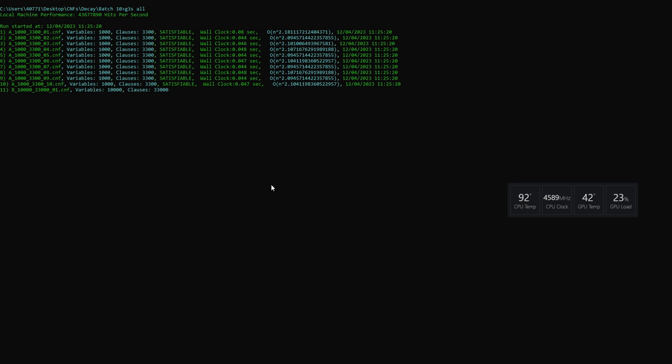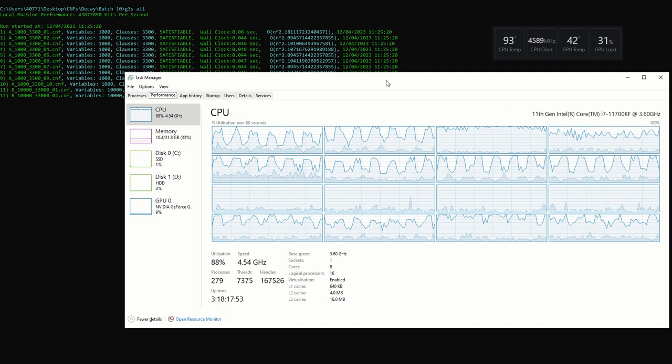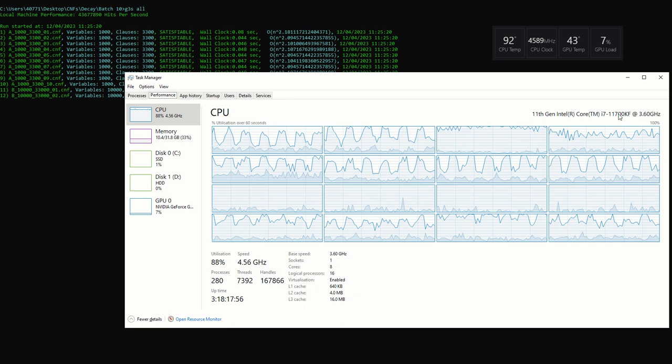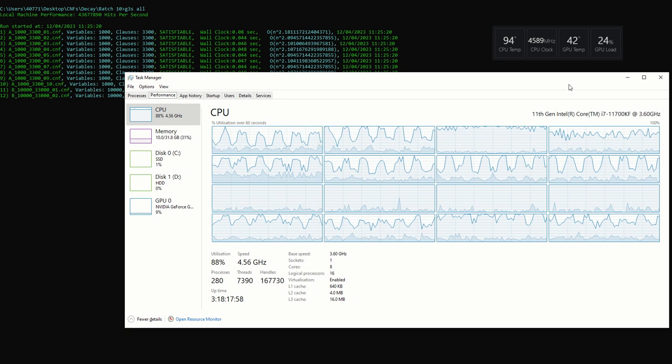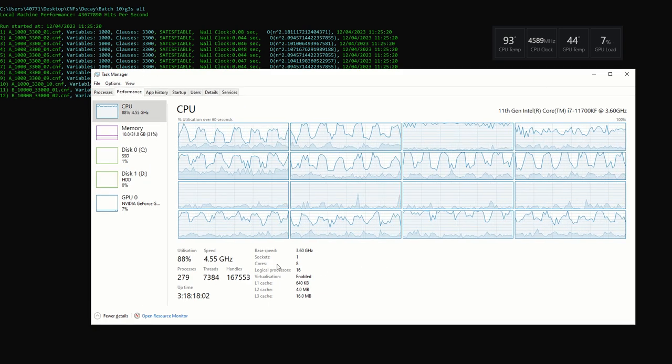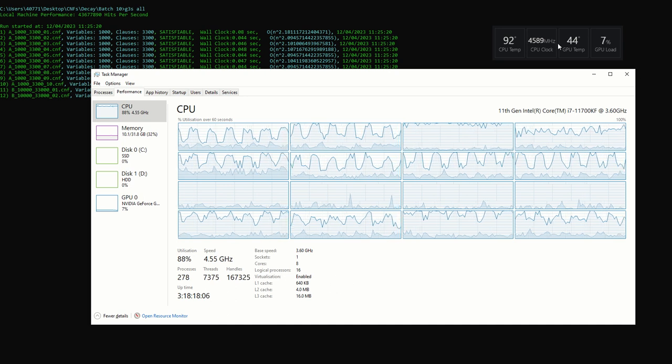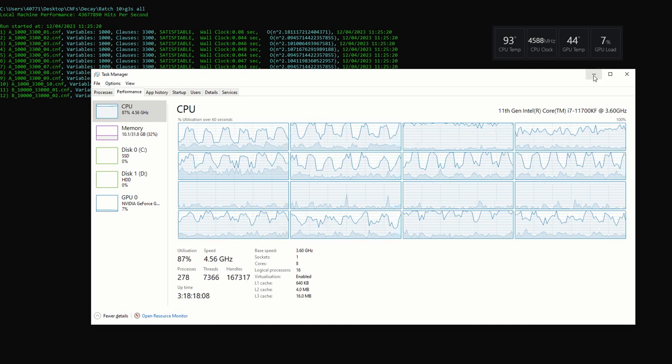How many variables could be touched in a second? To look at the performance of my computer, you can see it here. Let's watch it. This is an Intel i7 with 3.6 gigahertz and 16 logical processors with 8 cores, and a peak speed of roughly 4.6 gigahertz.